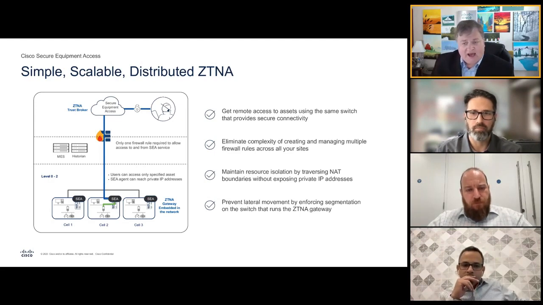So how can organizations get visibility and continuous monitoring of what OT environments are doing? What other technologies can Cisco employ in this regard to help with visibility? I'll throw that up, and whoever wants to answer that can take it.